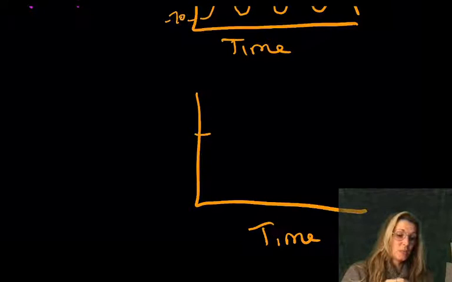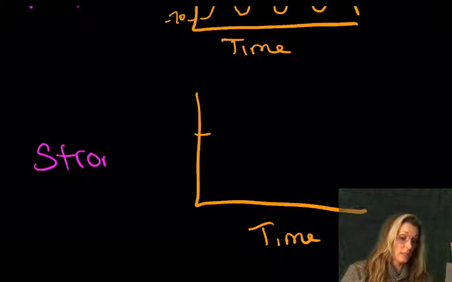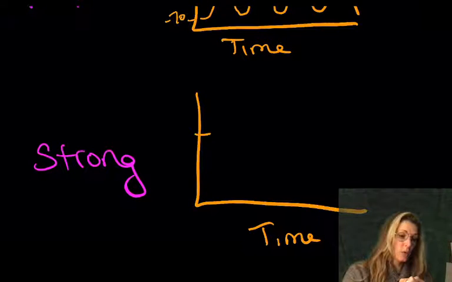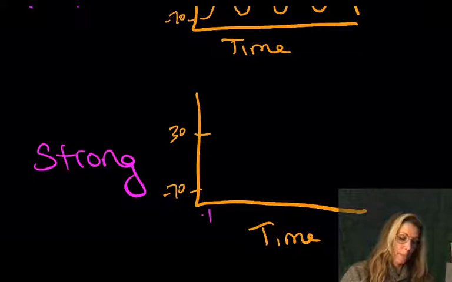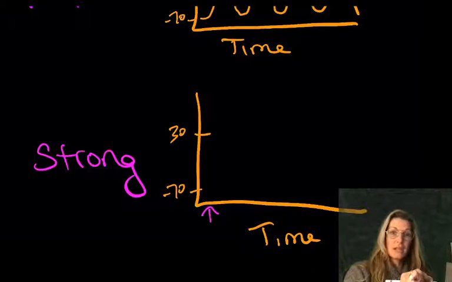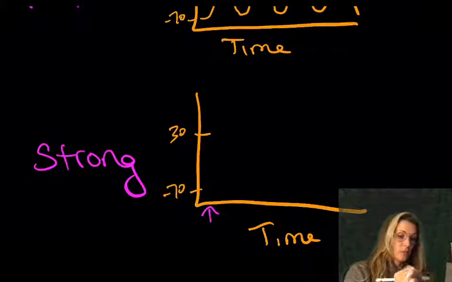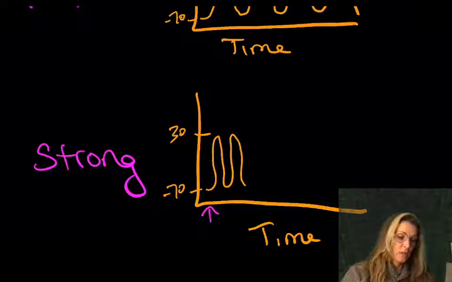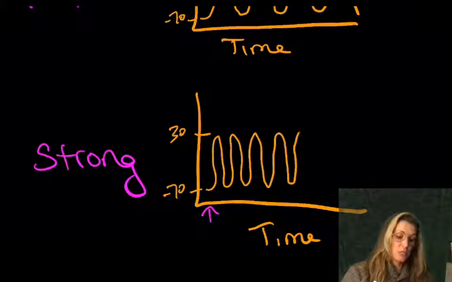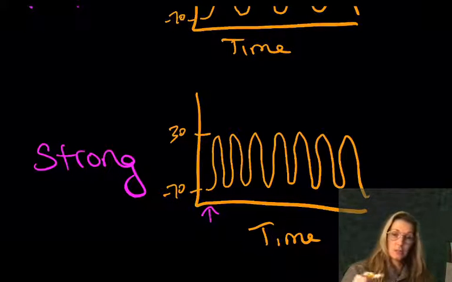Now let's crank it up some more. We've got a strong stimulus. And once again, it's just a drawing. So here's our -70, here's our 30, and we've got our strong stimulus here. And what's going to happen if we get a strong stimulus is the frequency of our action potentials is going to increase.